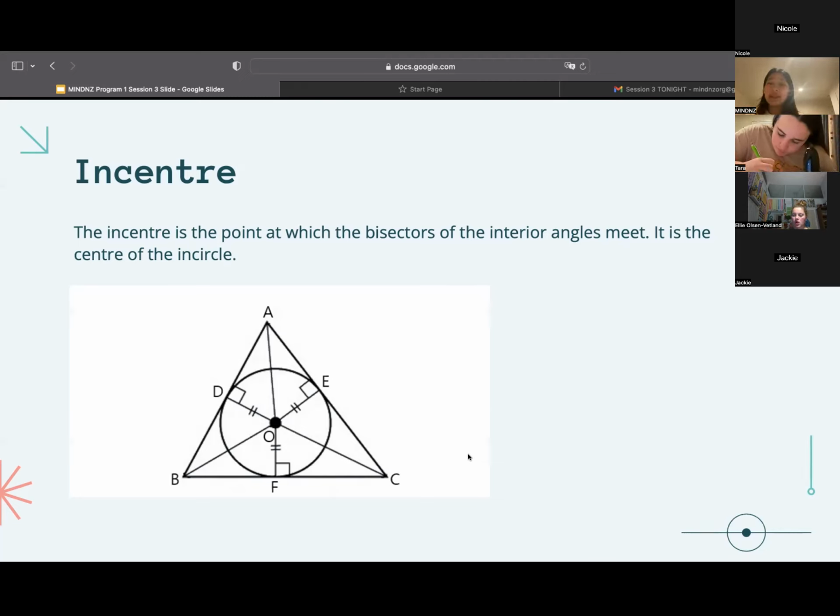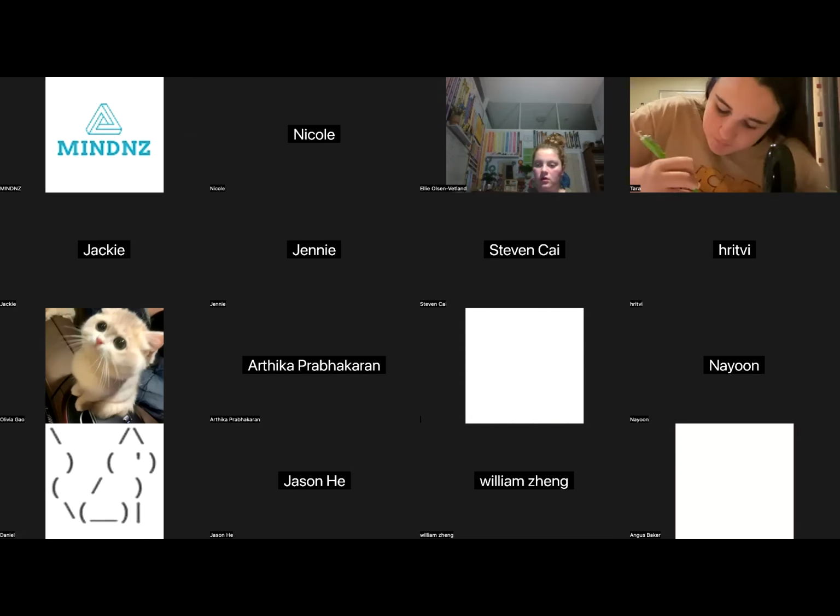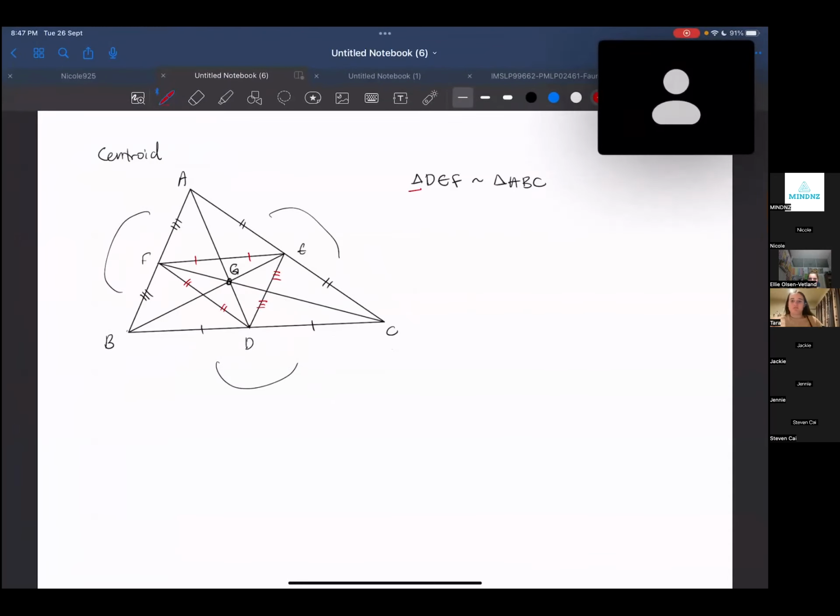Okay, so the incircle, I'm going to share my screen once again so that we can talk a bit more about this and how to draw it. Because in order to draw an incircle, we need to draw angle bisectors.